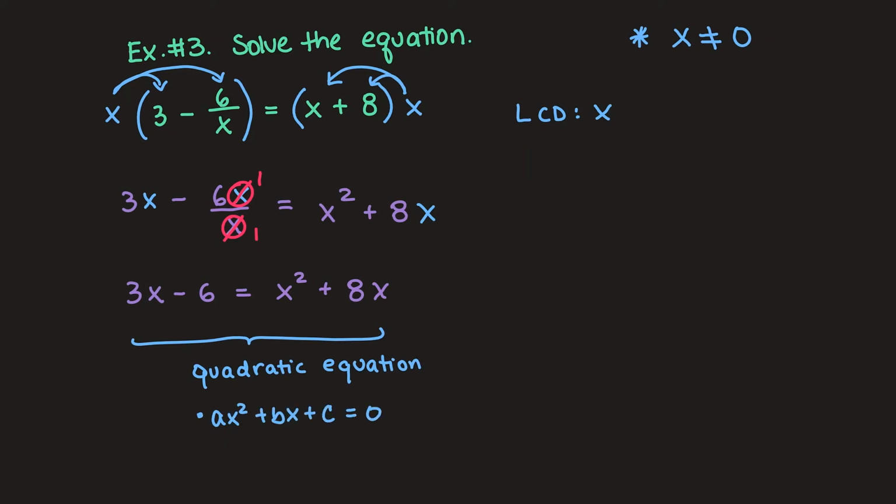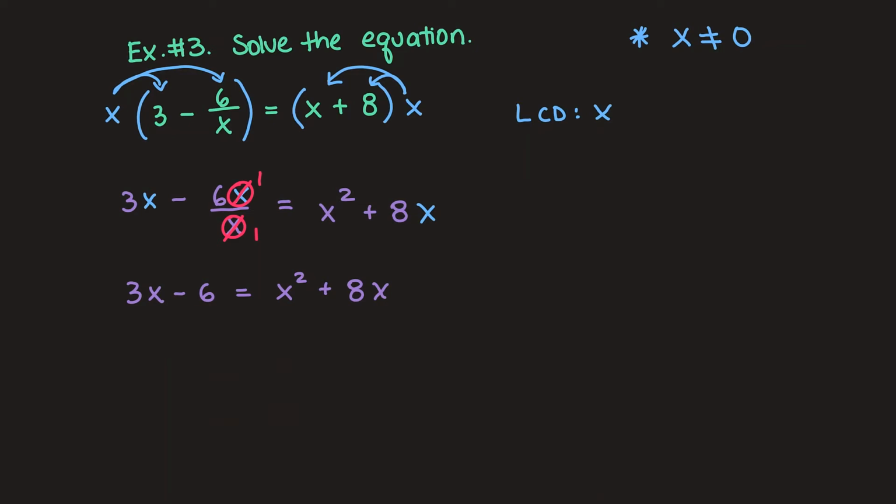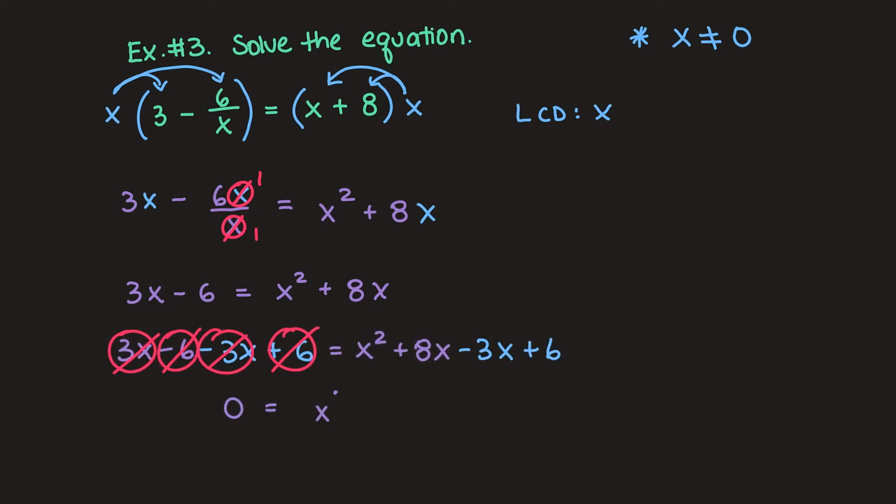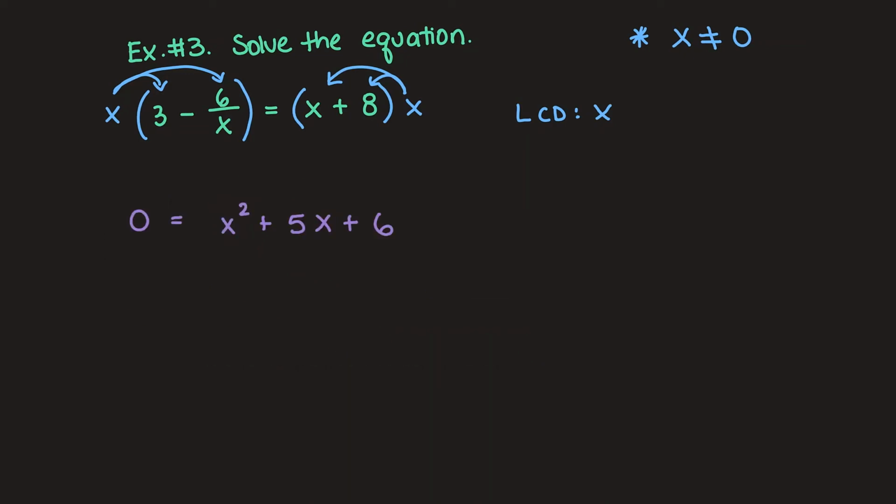And in order to solve a quadratic equation, we must first get the equation in standard form with one side equal to 0. To do this, we will need to get rid of the 3x and the minus 6 from this side. So we will subtract 3x and add 6 to both sides of the equation. And now the quadratic equation is in standard form.